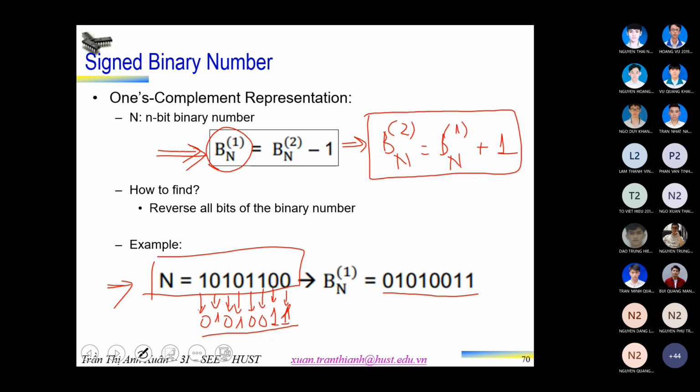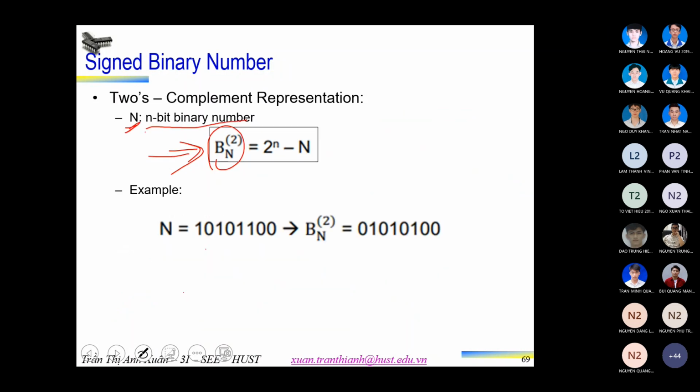So we use this formula to get the two's complement representation. For example, this is a binary number, 1 0 1 0 1 1 0 0, and then how do we find the two's complement representation?